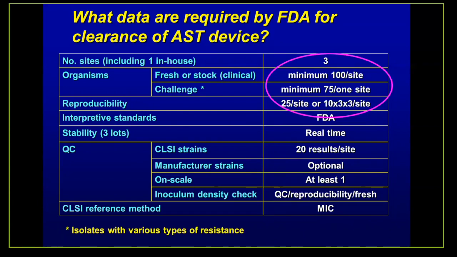There should be no more than 50% stock isolates. There's also a minimum of 75 challenge isolates. The challenge isolates are supplied by the manufacturer, and they should include some relevant resistance mechanisms that we're seeing in the clinical lab. The rest of this information is included in the reference that we gave you on the previous slide if you are interested in taking a look at this in greater depth.